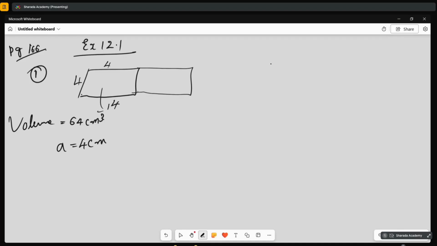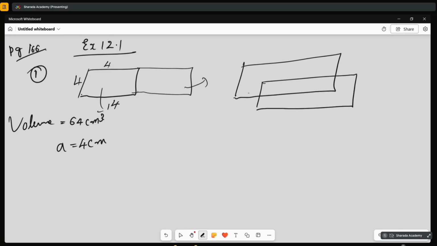See, it forms a cuboid now. Together, it forms a cuboid. You can think it is like this. One side is 4, and this side also is 4, whereas here the length will become 4 plus 4, 8.